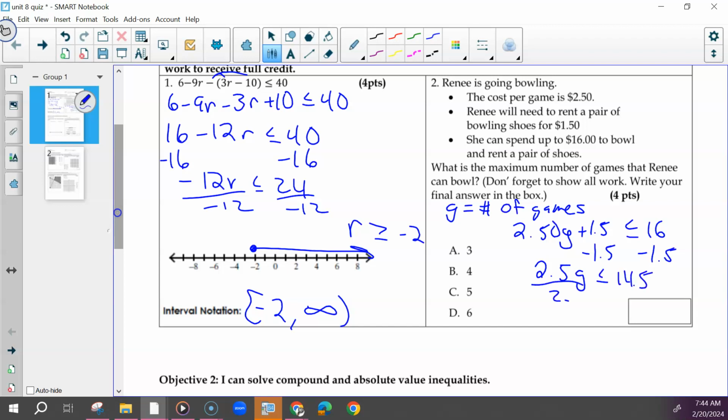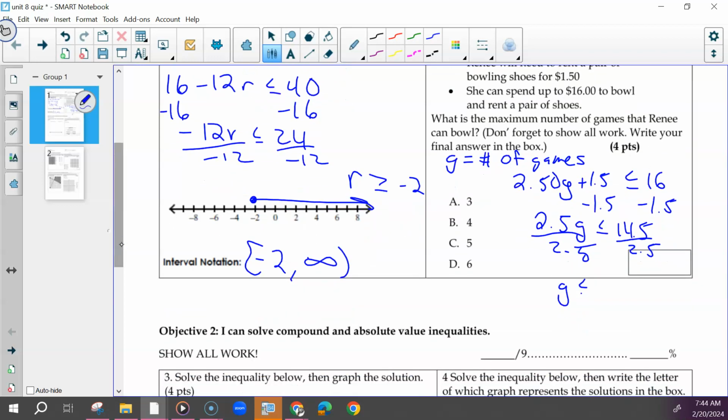And dividing both sides by 2.5. You should have shown that you got 5.8, and then that would have rounded down to 5, not up to 6.